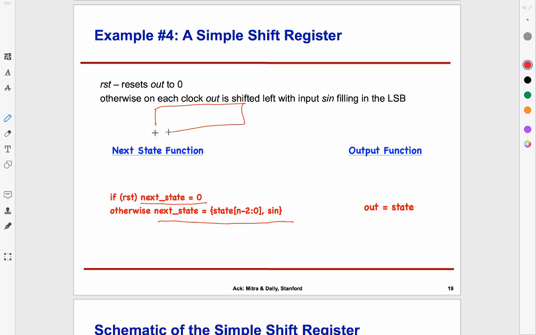So this is what we are trying to do. I have a register. I loaded some value into it, 0, 1, 0, 1, 0, let's say. So that's the initial value. And then every clock tick, I'm going to shift the contents of this thing left, so it will become 1, 0, 1, 0.